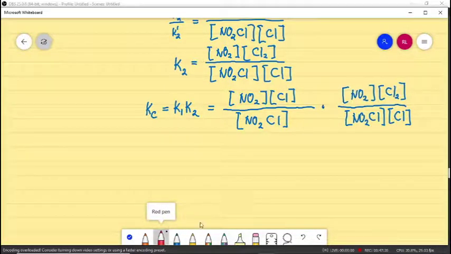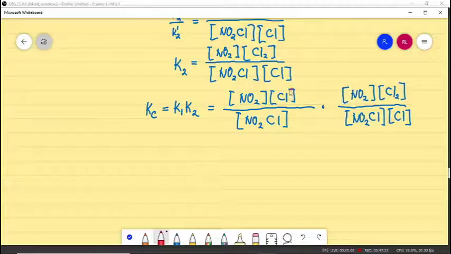Not this one. Okay. Bakit cancel siya? Kasi nga, na-produce siya, this is a product of the first step, but it is consumed in the second step. Kaya hindi na natin siya makikita sa final products. Wala siya doon sa final products.